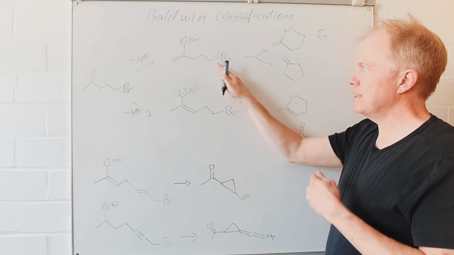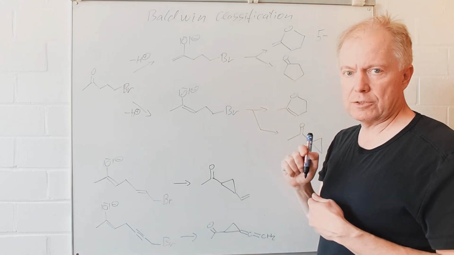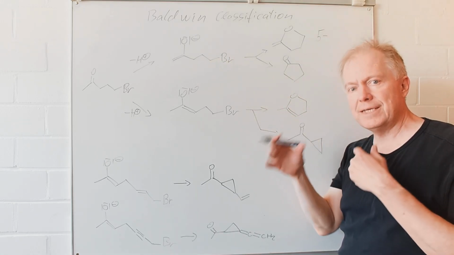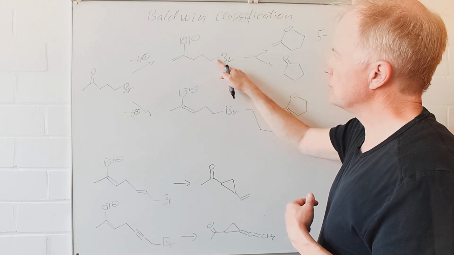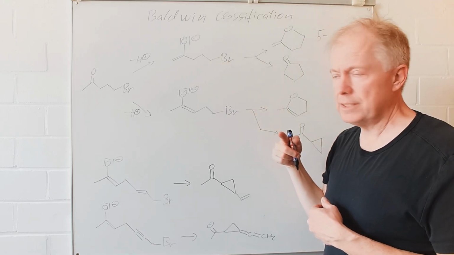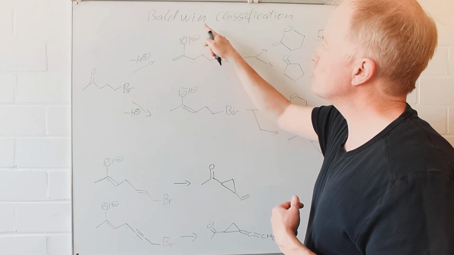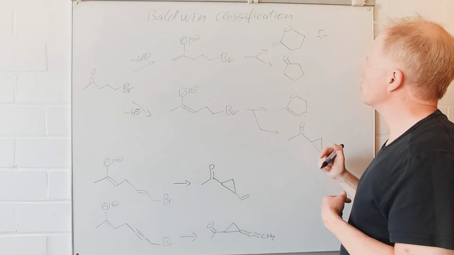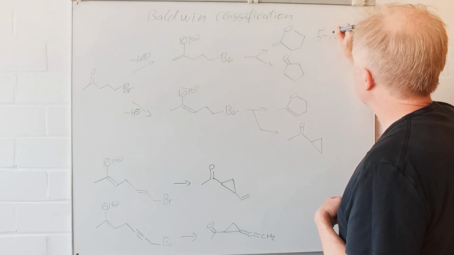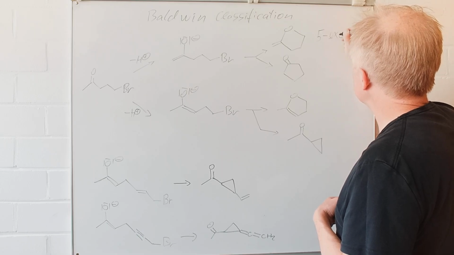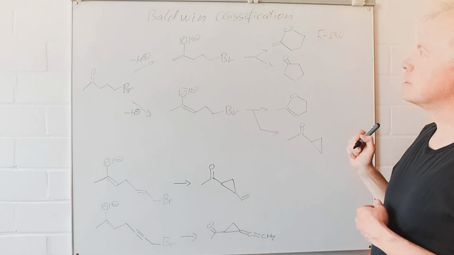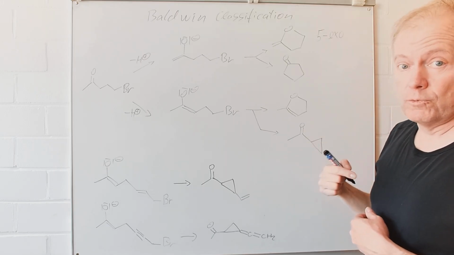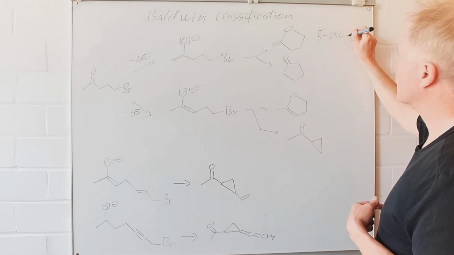On the other side, that carbon-bromide bond is simultaneously broken, and this bond is geometrically located outside the ring which is formed. Outside is abbreviated with an exo. Endo would be the opposite.